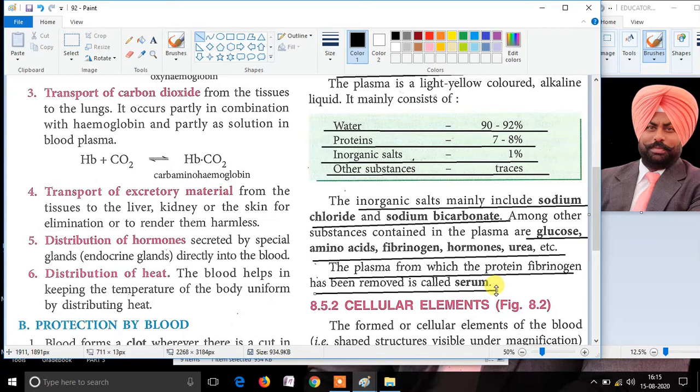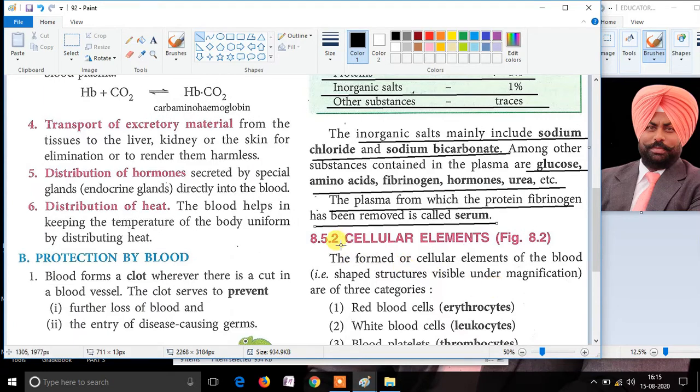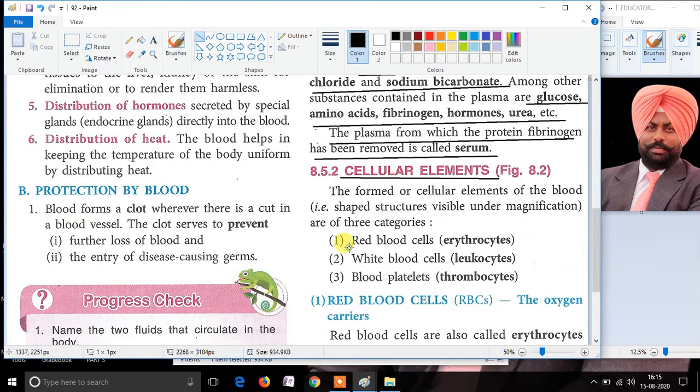Moving on to the cellular elements, we have just studied that they are of three types: red, white, and platelets.